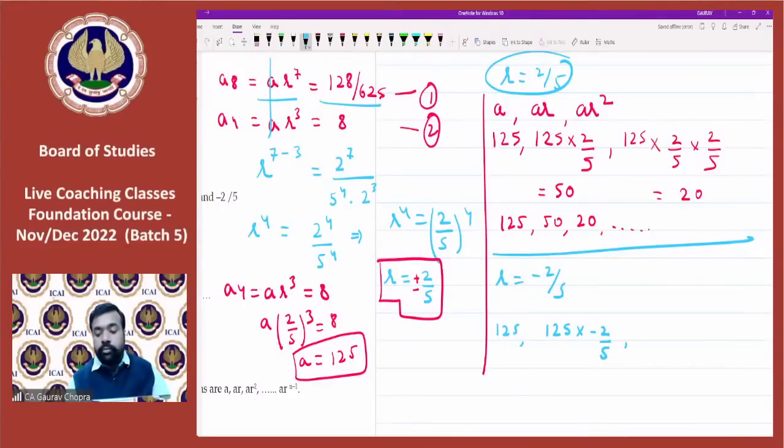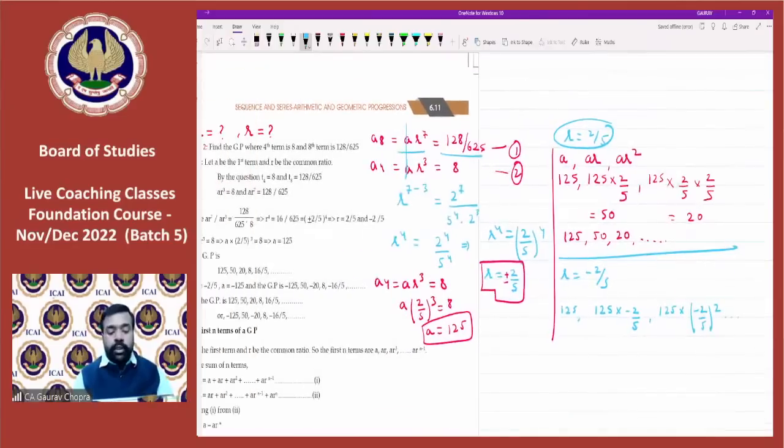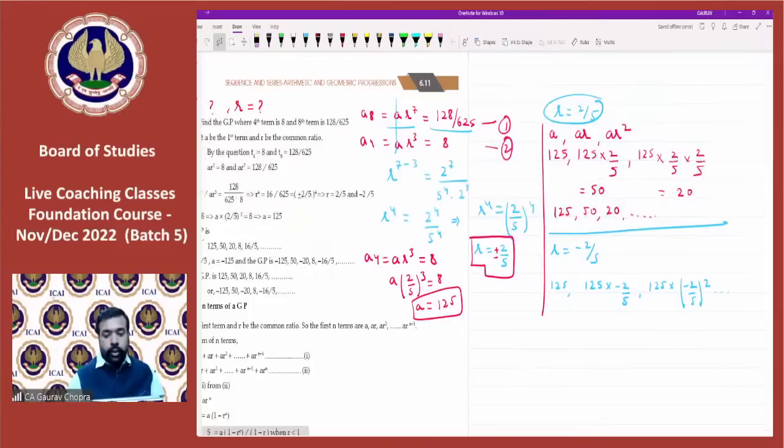Then third term will be 125 multiplied by negative 2 by 5 square and so on. So this will become the GP. So two series are possible. In one series we take the positive value, and the other takes the negative value. All right.